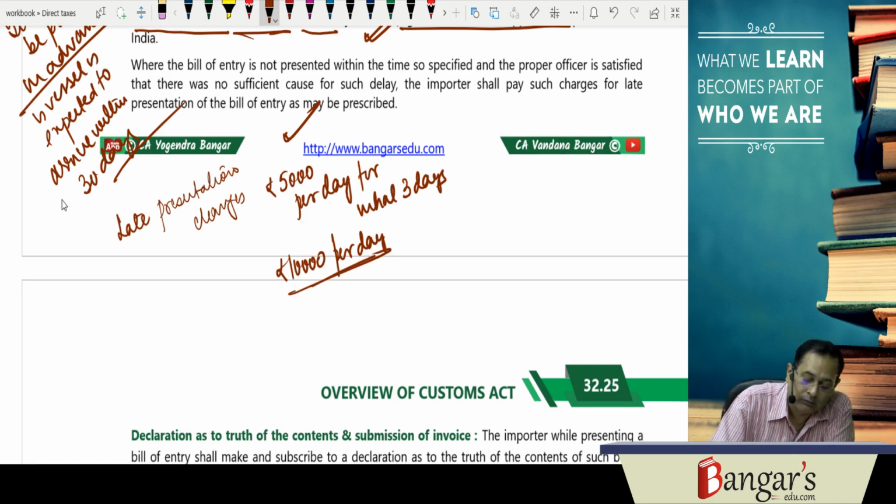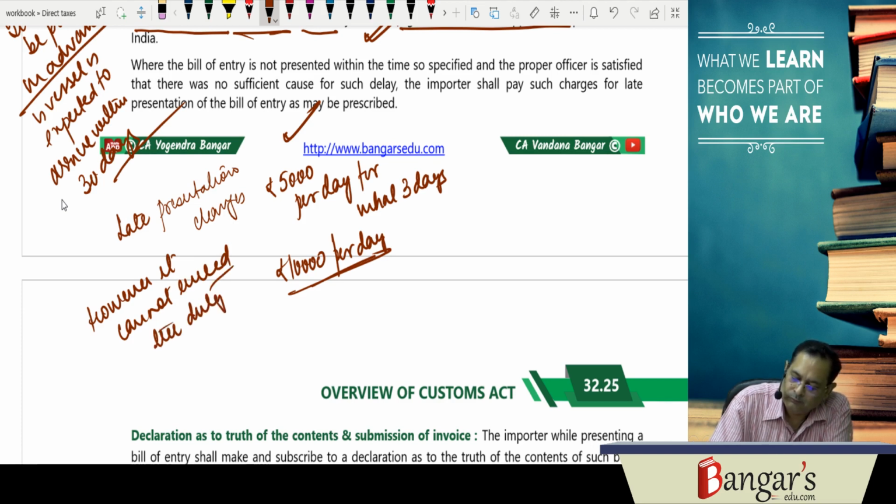However, it cannot exceed the duty element, the amount of the duty. This late presentation charges cannot exceed the amount of the duty.